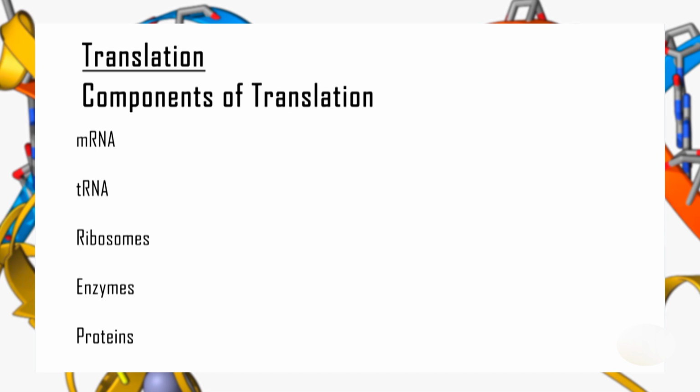The next component is the ribosome, the manufacturing unit of the cell located in the cytoplasm, containing ribosomal RNA and protein. Next component is the enzyme required for the attachment of amino acid to the correct tRNA molecule and for peptide bond formation between amino acids. Then protein soluble factors necessary for proper initiation, elongation and termination of translation.